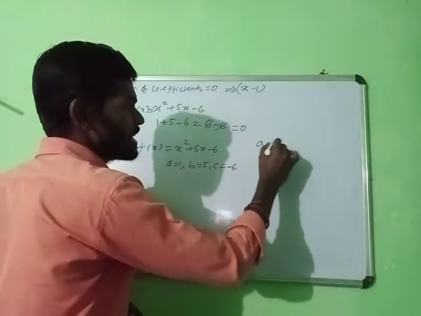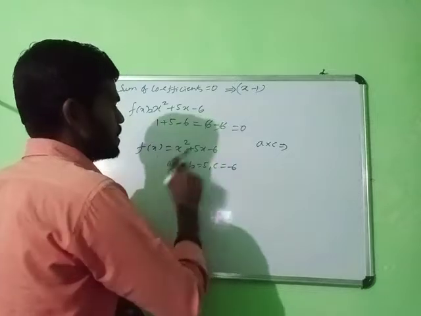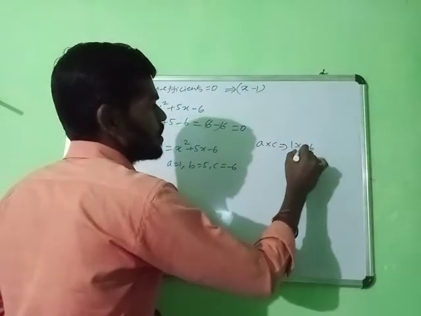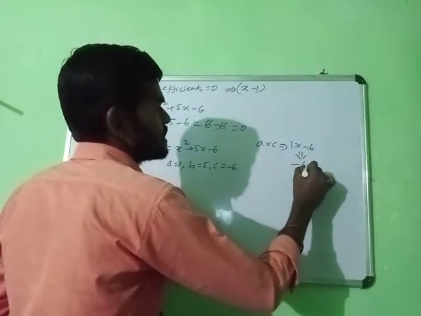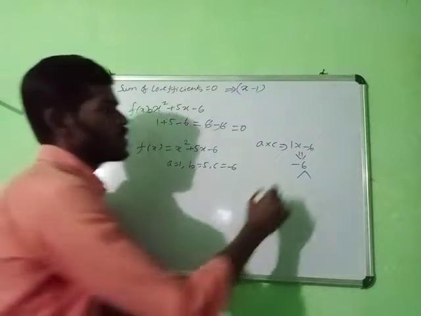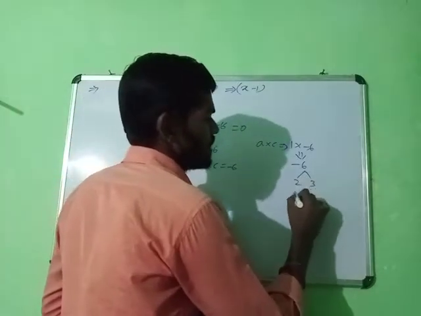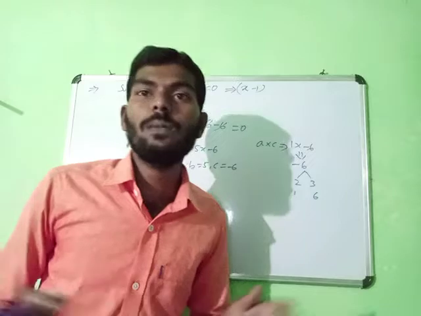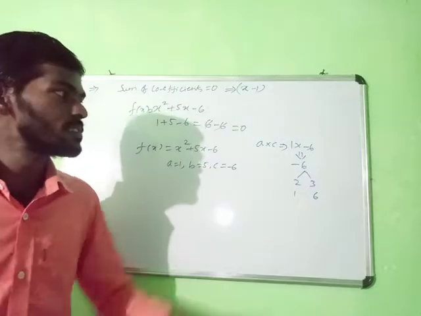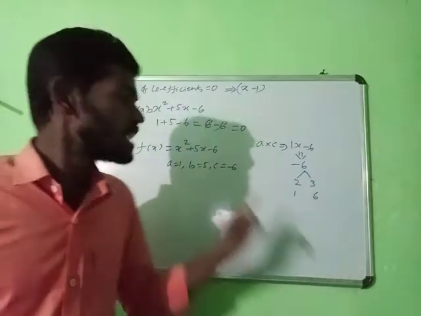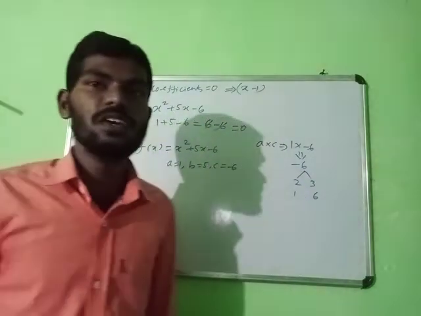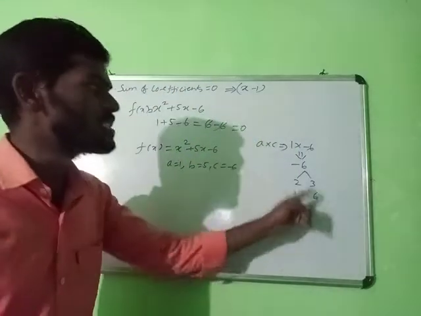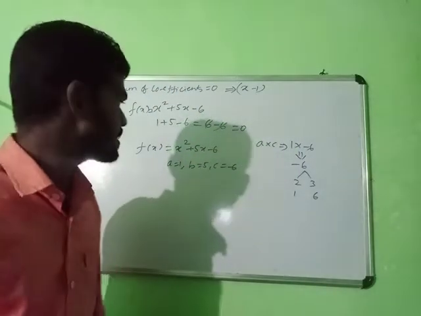Now a into c: 1 into minus 6, that is minus 6. Now take factors. Multiplication means the a into c value will come, addition means the b value will come. 2 3s are 6, but here minus is there.